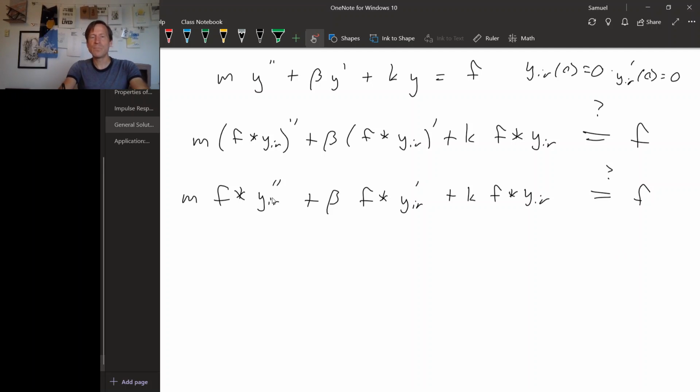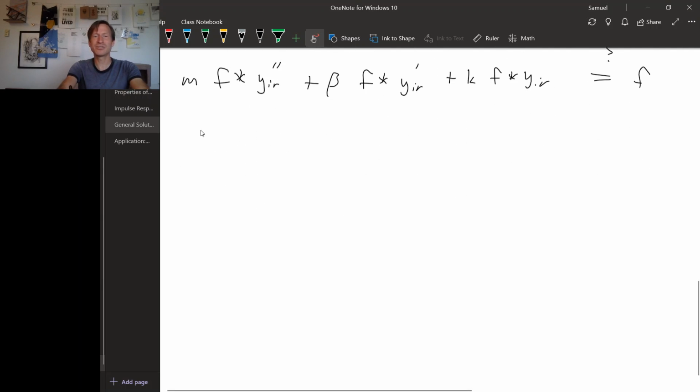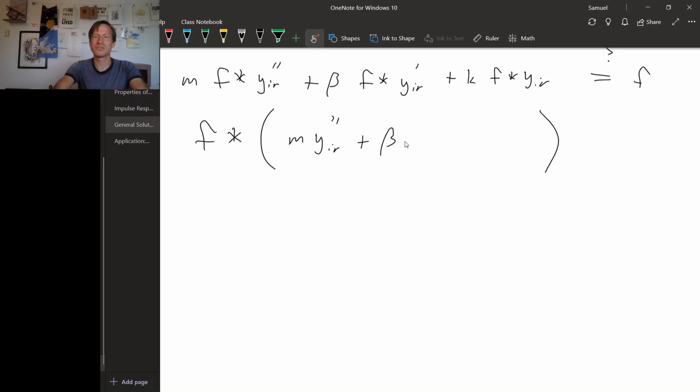One property of convolution is that it's linear, so we can factor the f convolved with outside like this. What we're left with inside the parentheses is m times the second derivative of the impulse response plus beta times the first derivative of the impulse response plus k times the impulse response itself. To know if this is equal to f, we need to know what the stuff in parentheses is. But remember what we mean by impulse response.